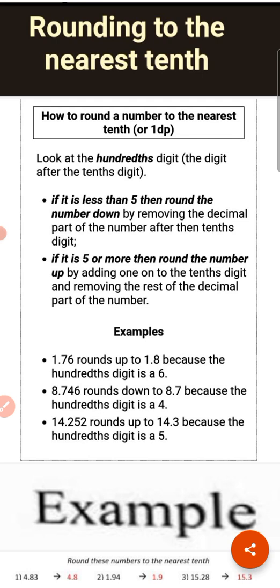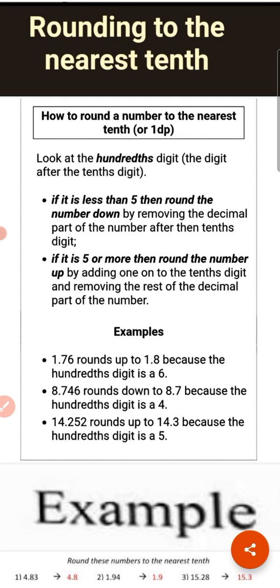If the hundredth digit is less than 5, then round the number down by removing the decimal part of the number after the tenth digit. That is, if the hundredth digit is 0, 1, 2, 3 or 4, remove the decimal part of the number after the tenth digit.